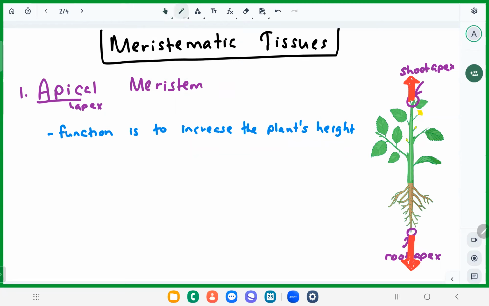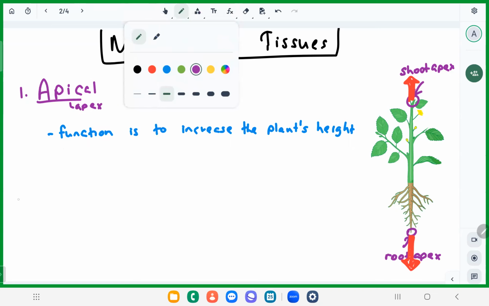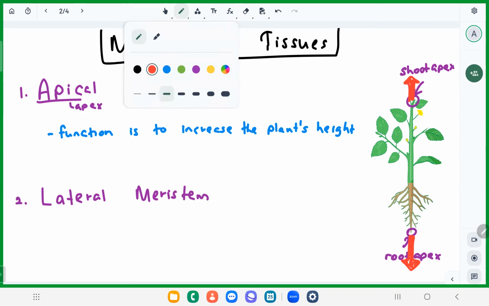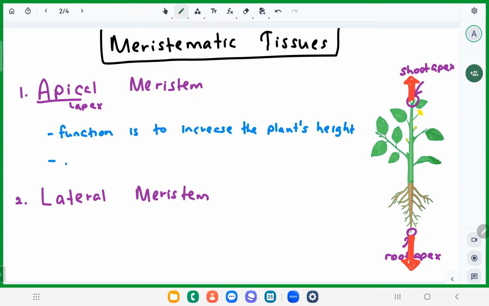Since we're done with the apical meristem, let's now move on to the second type of meristematic tissue, which is the lateral meristem. Going back to the apical meristem, this is found in the shoot and root apex.